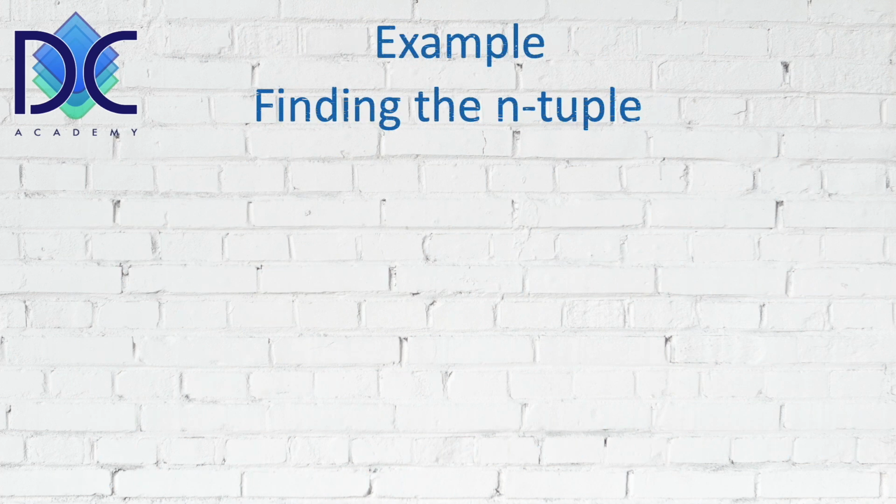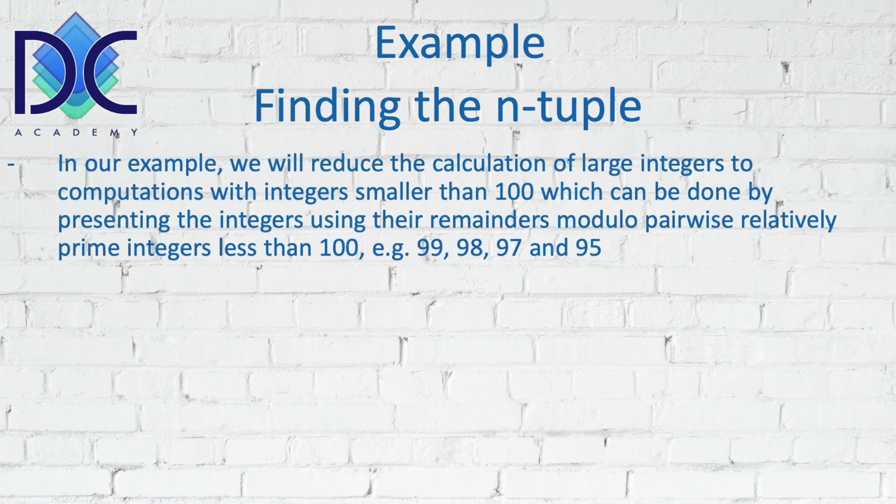Now let's have a look at finding the n-tuple, the first thing that we want to do. We will reduce the calculation of large integers to computations with integers smaller than 100, and we use their remainders. For moduli we take pairwise relatively prime integers less than 100. The first one is 99, the second one is 98, then we have 97. 96 is not possible because it has a divisor in common with 99.